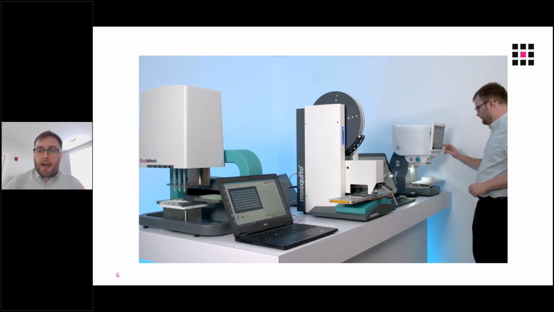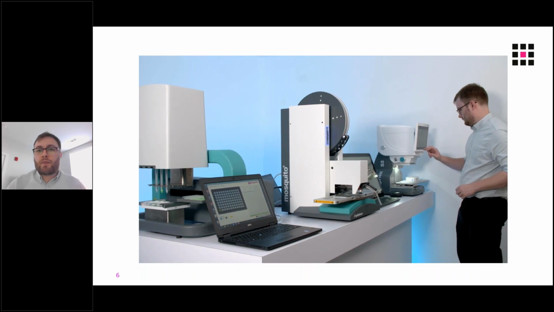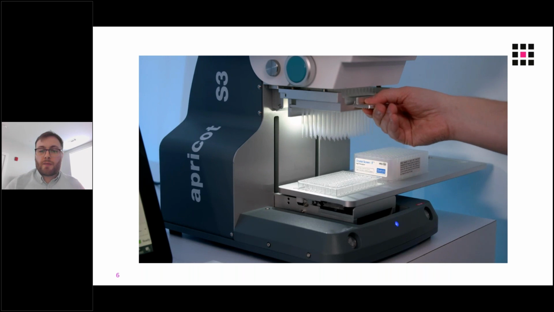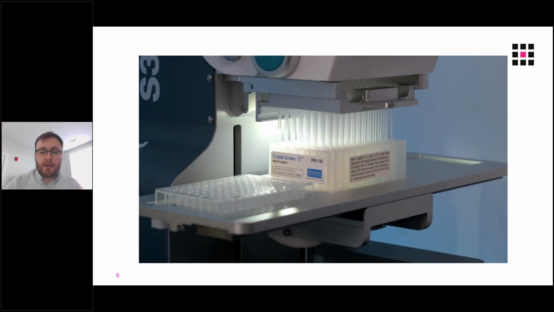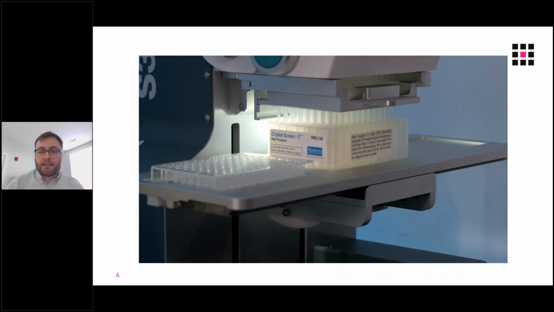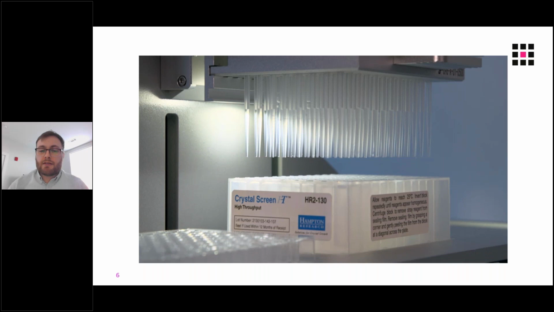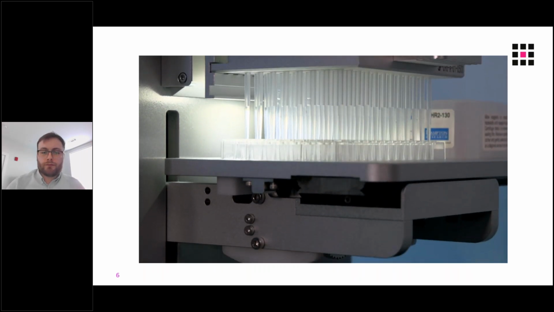So here I am using the Apricot S3 to transfer crystal conditions out of a Hampton deep well block into a sitting drop tray ready for drop setting at a later point. So you simply load the tips into the Apricot and you could easily program a simple mix and then transfer out of the Hampton deep well block into a sitting drop tray.